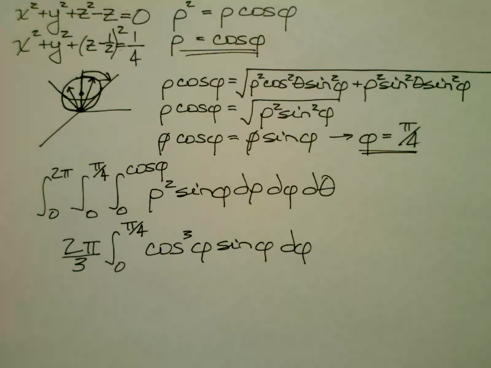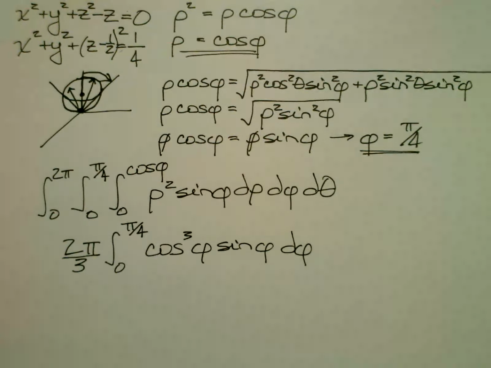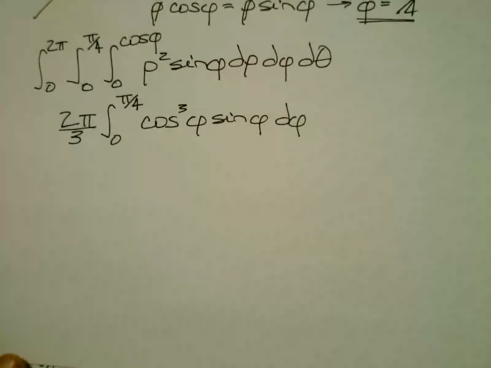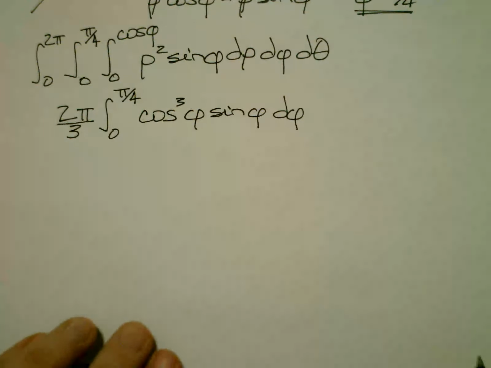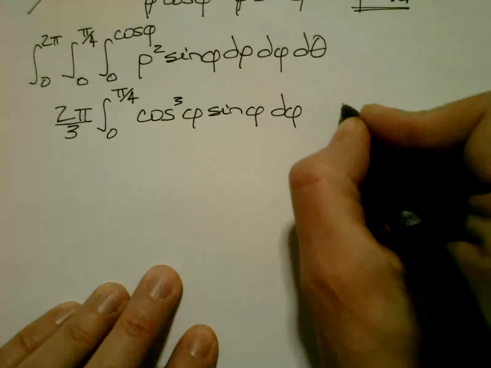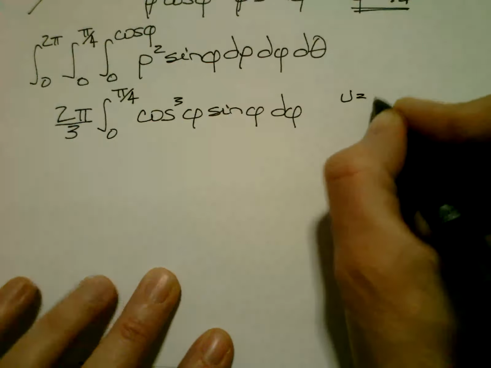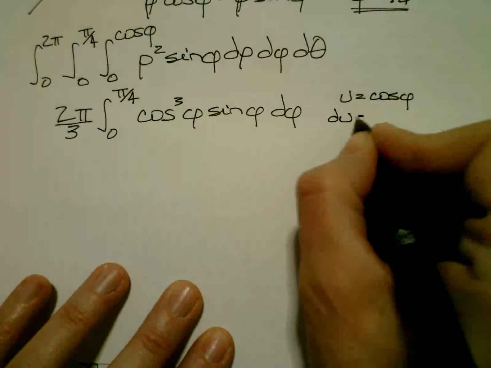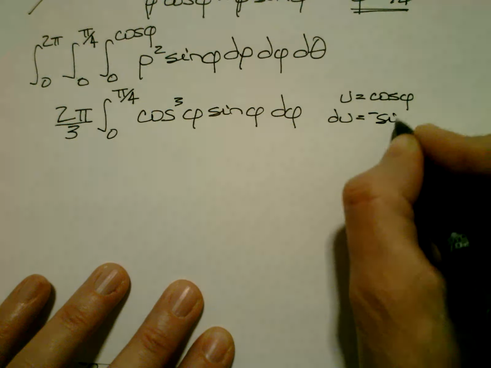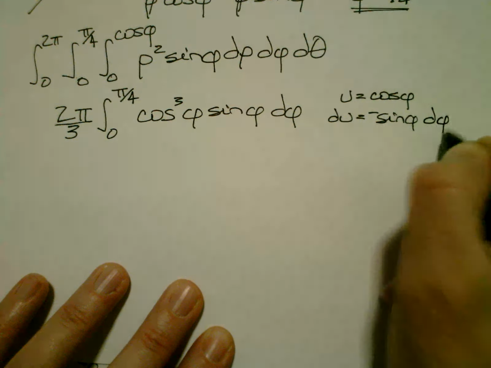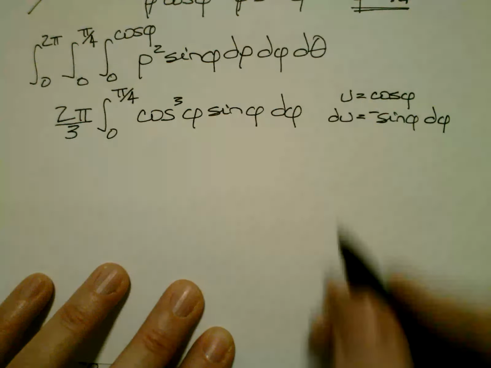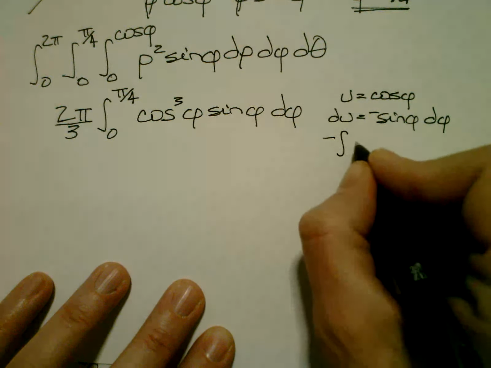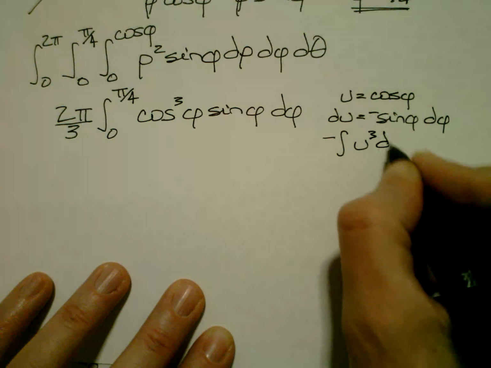So I have one integral left, one variable, just phi, and this is something that we can use substitution for. I'm going to let u be cosine phi, which means du is negative sine phi. So my integral is u cubed du.